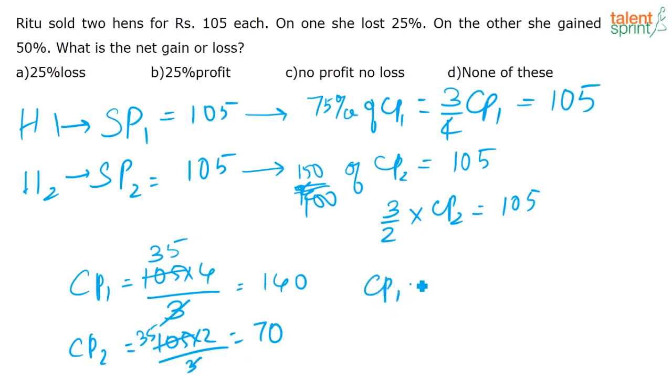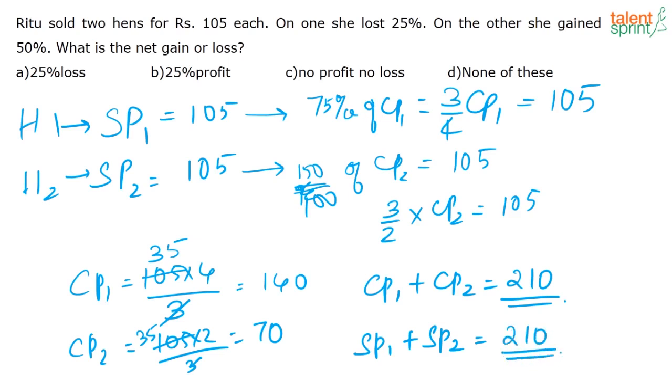So what is the total cost price that she has spent on both the hens? 140 plus 70, that is 210. Now what is her total selling price? 105 plus 105, that's also equal to 210. So there is no profit and no loss. Let's move on to the next question.